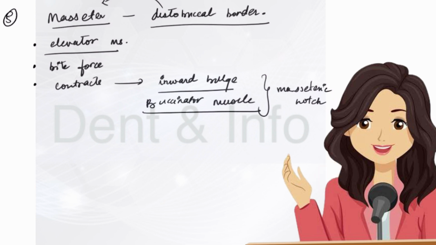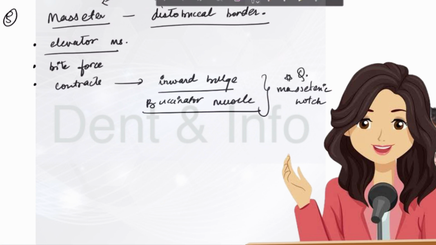So if we see the 3-dimensional orientation of muscle, masseter is located on the outer side laterally. On the inner side of it, or rather internal to it, would be a buccinator. When the forceful contraction of masseter happens, it pushes against the buccinator muscle that creates an inward bulge and creates your masseteric notch. So a very important MCQ question.